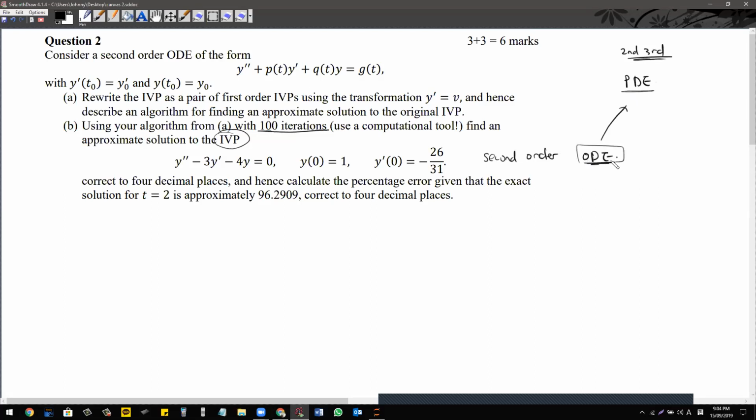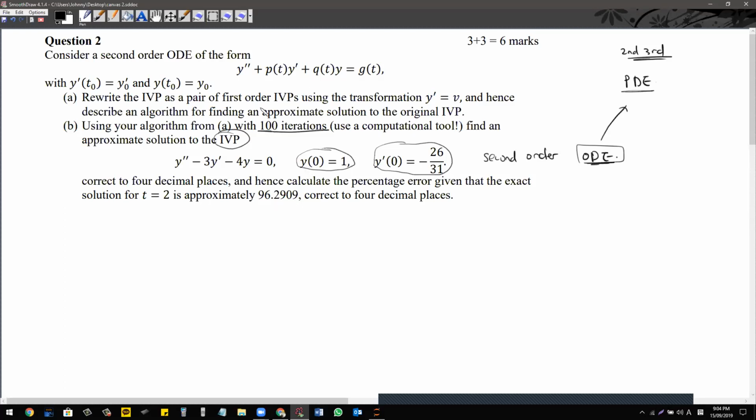Everything you're dealing with right now is ordinary differential equation. This is the y value, and this is the gradient, the first derivative when t equals 0. So we're still dealing with t. The x-axis is replaced by t, and we want to get to here.